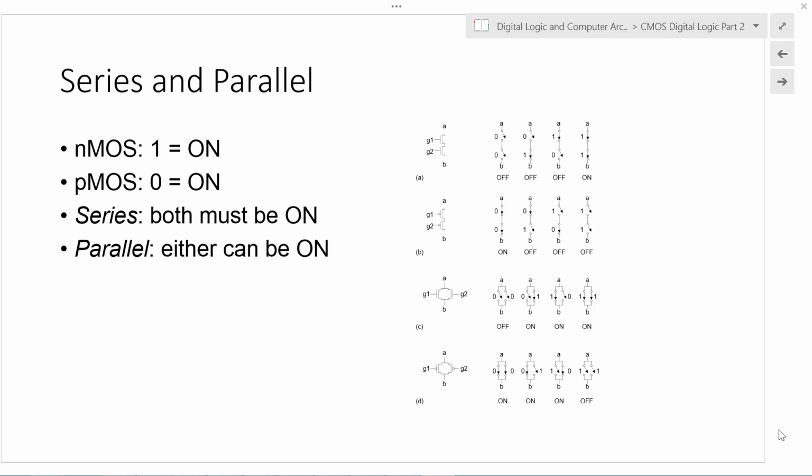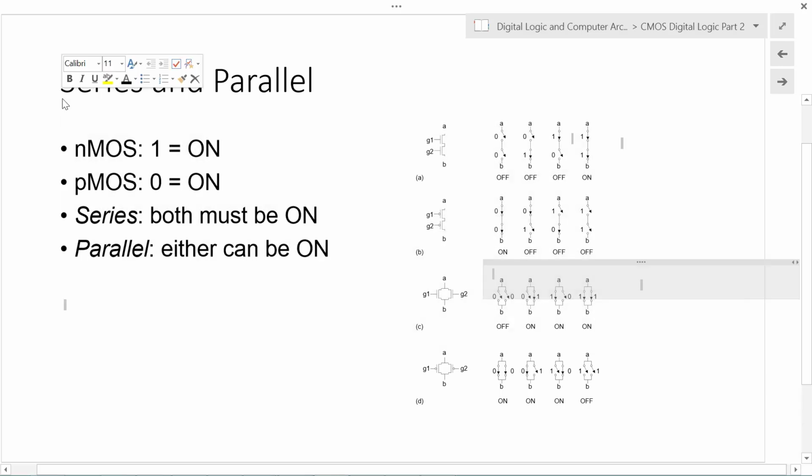So more formally, when we wish to think about implementing Boolean logic in digital circuits, we need to think about series circuits here and parallel circuits here. NMOS and PMOS use different inputs to indicate a connection or disconnection. Let's look at how NMOS in series or parallel compare with PMOS transistors in series or parallel.